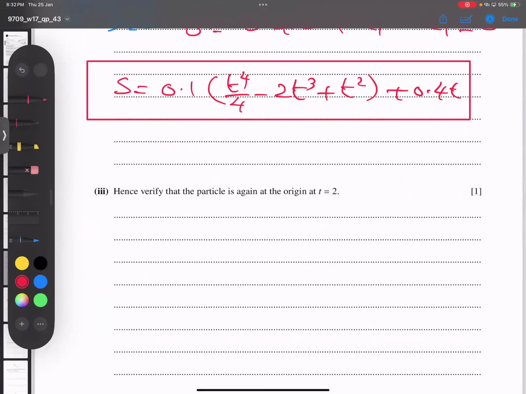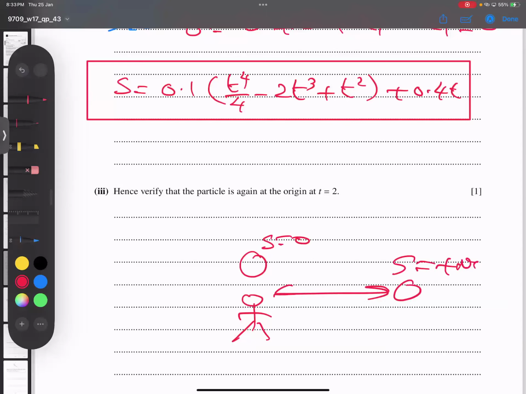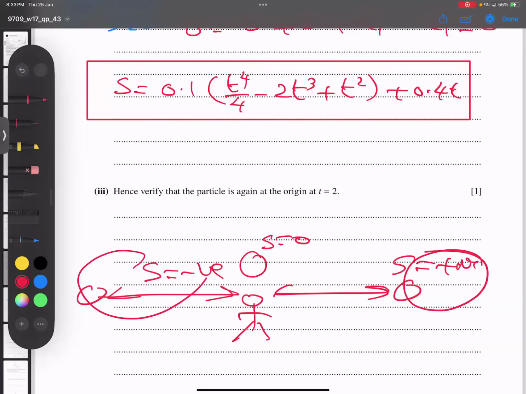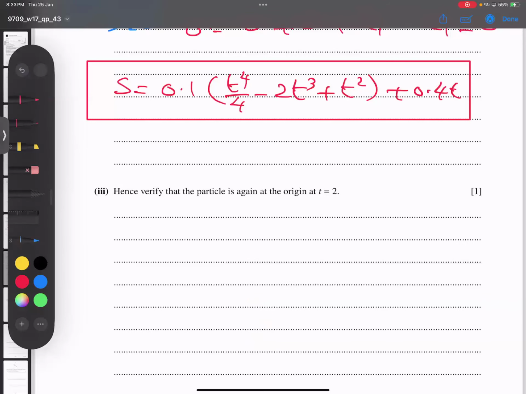If the particle is beside the observer, displacement is zero. If it is ahead of the observer, displacement is positive. If it is behind the observer, displacement is negative. So whenever he says the particle is back at the observer, it means displacement is zero. This is a key point.